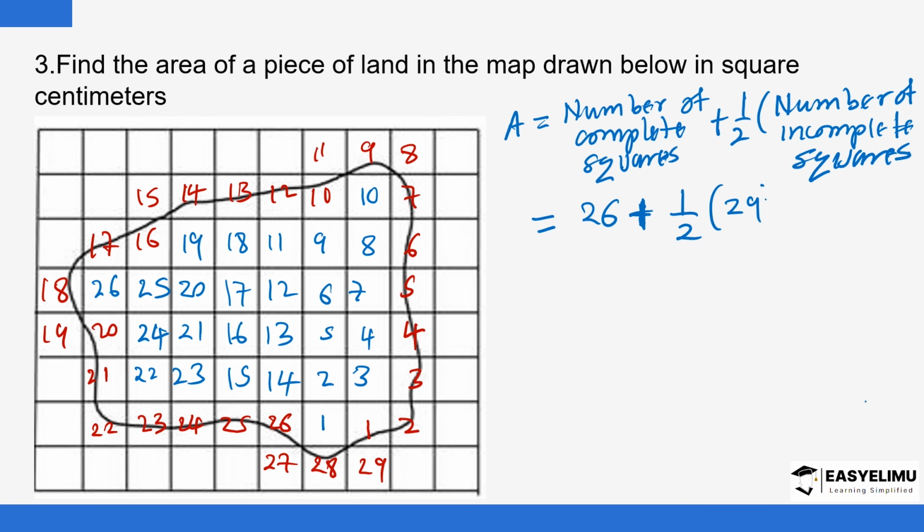So you write there 29. So we have 26 plus 29 divided by 2, which is 14.5. So this is going to be 40.5 square units.